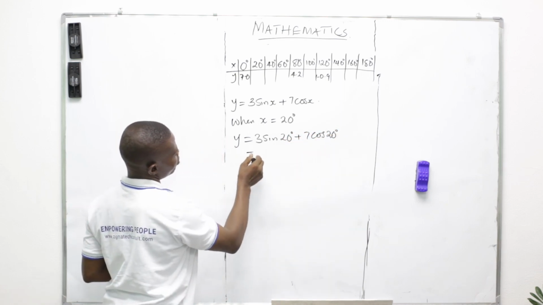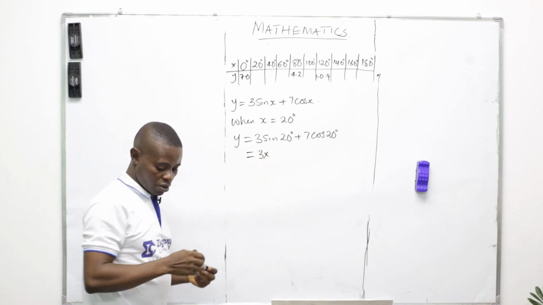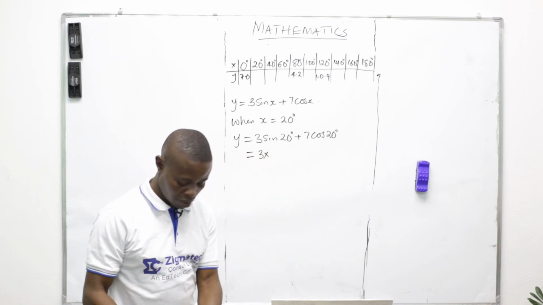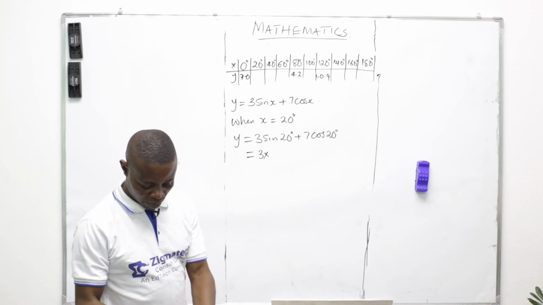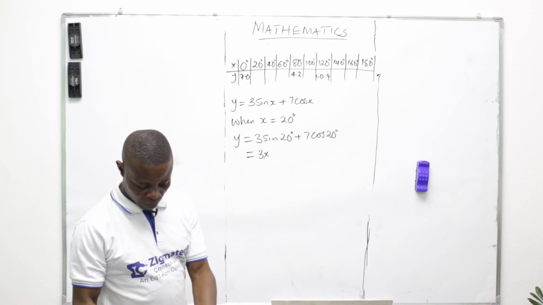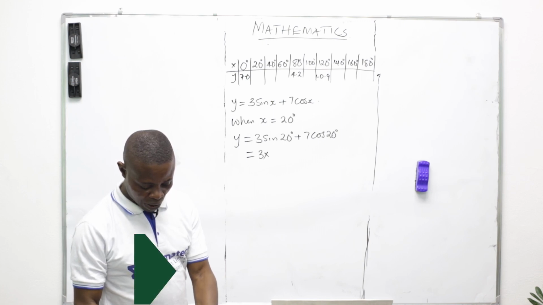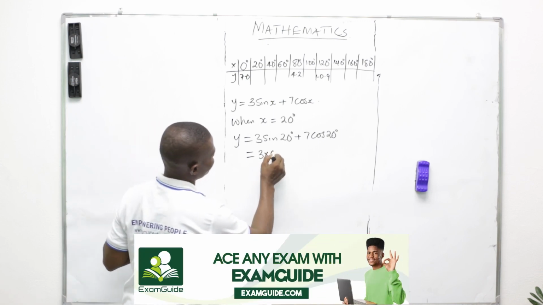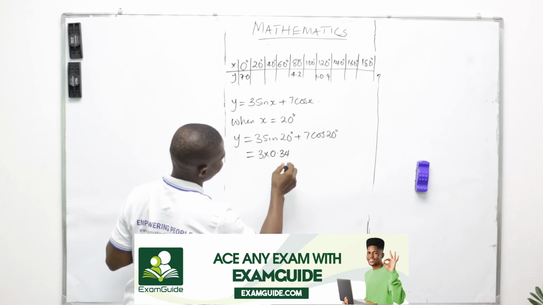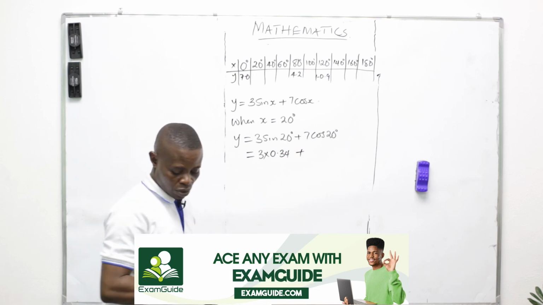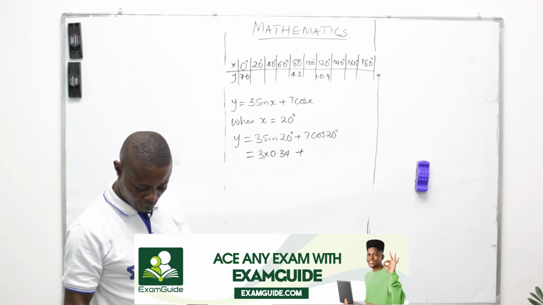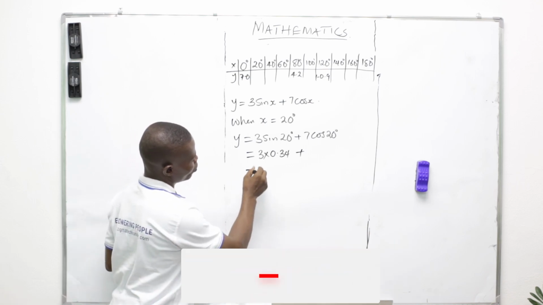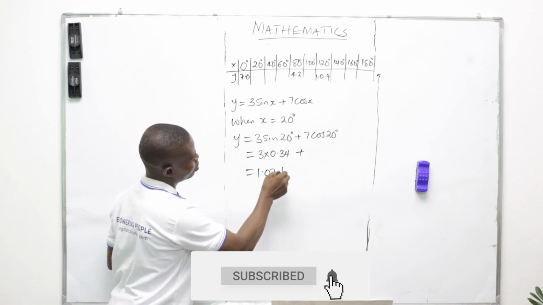This will give us 3 times the value of sine 20, which is 0.34, multiplied by 3, 1.02.